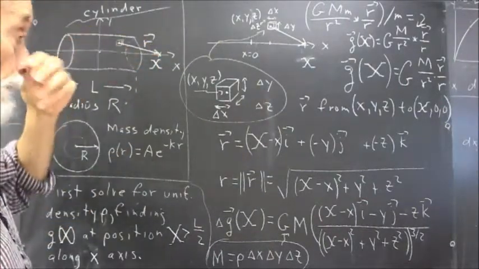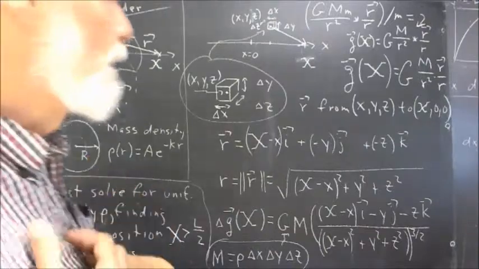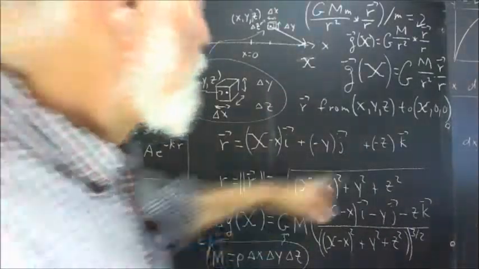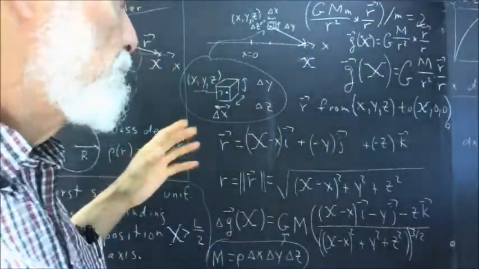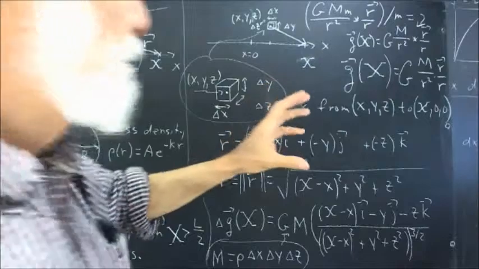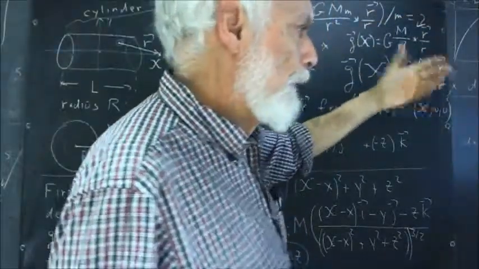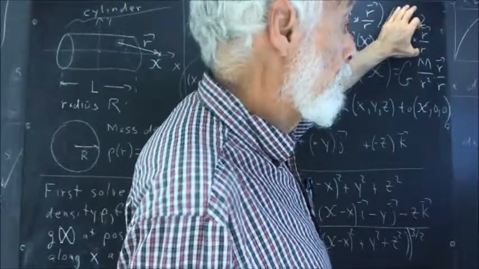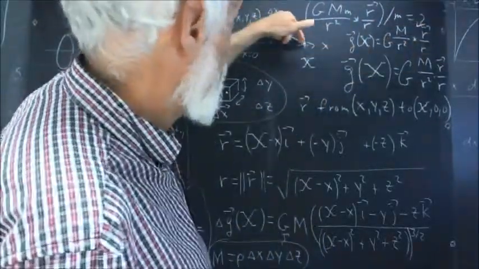We discussed this some time ago when we defined Newton's law of universal gravitation. So we're going to want to use the vector notation. Now the R over R is just a unit vector in the direction from here to here.